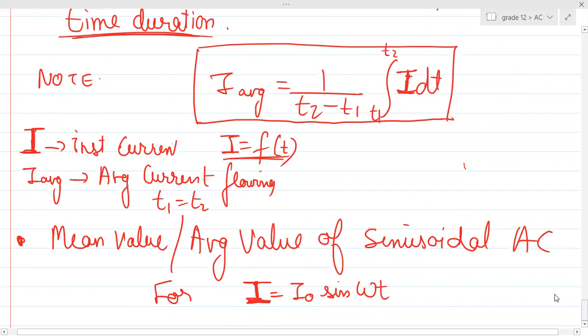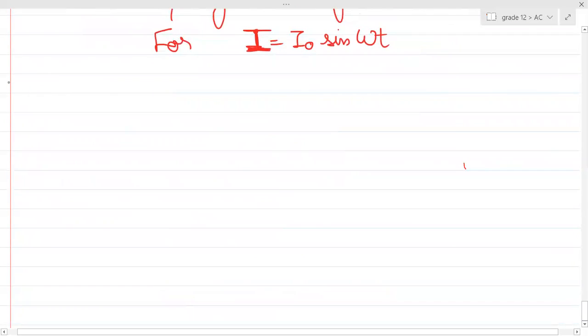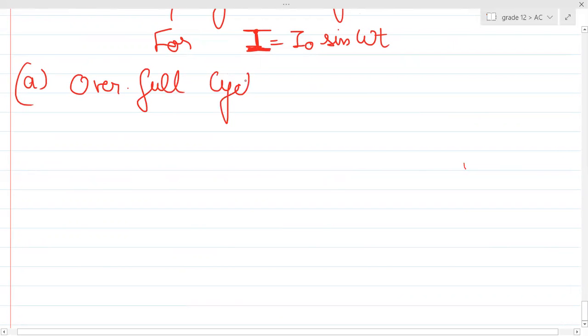So we'll try to calculate this over two different time intervals. First, we'll calculate the average value over a full cycle. Then the time interval t1 should be 0 and t2 should be T. Can you see the time interval is one full time period, one full cycle, right?